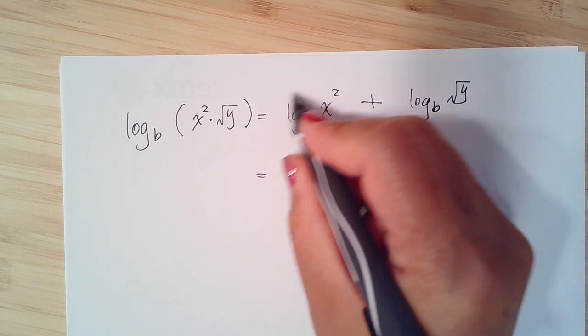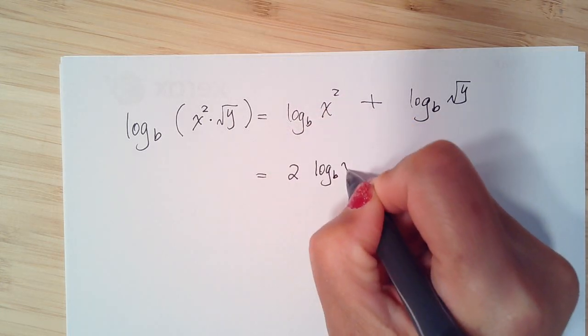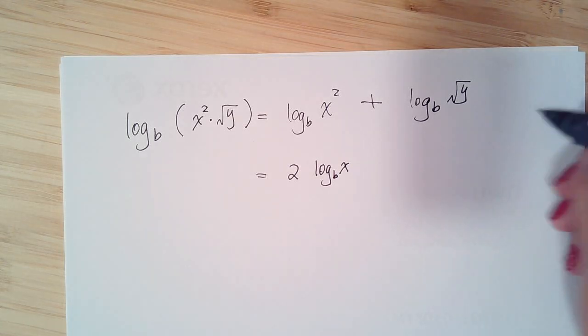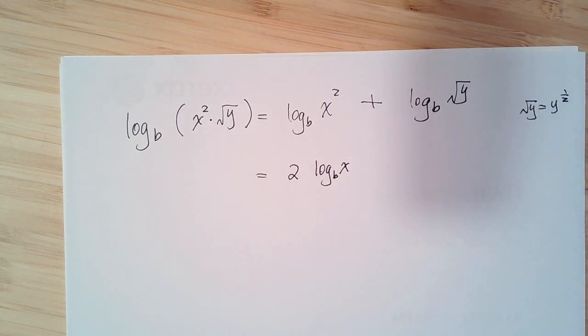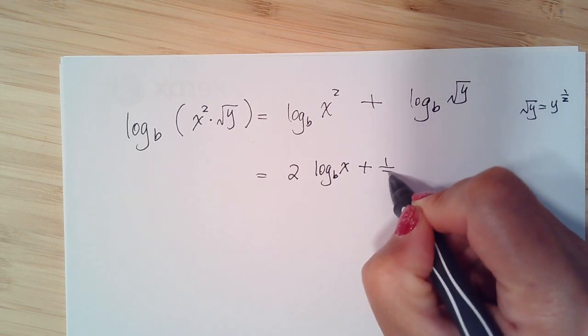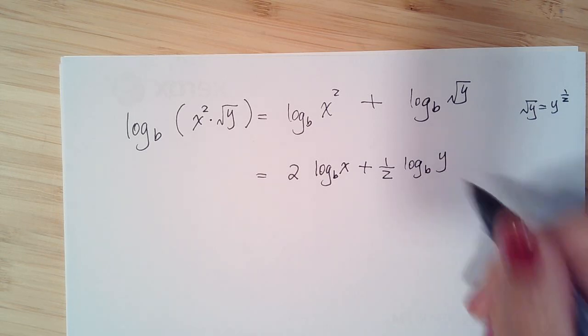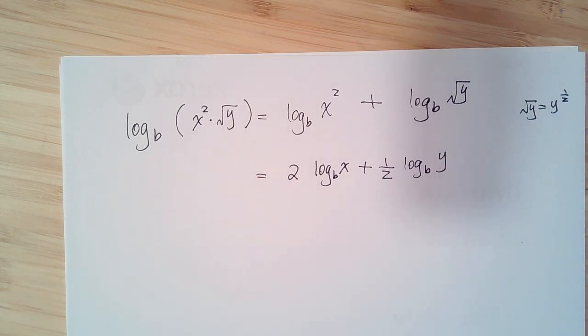I bring this 2 to front, so I get 2 log b x. And this square root of y is y to the 1/2 power, so this 1/2 goes to front, and that will be 1/2 log b y. So starting from here to here is called expansion.